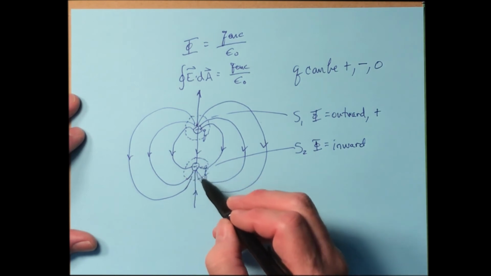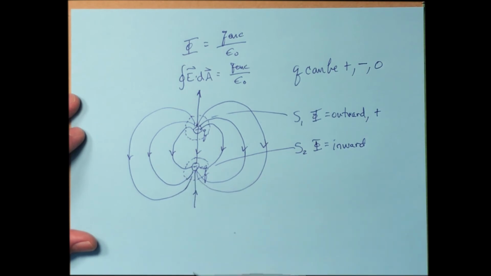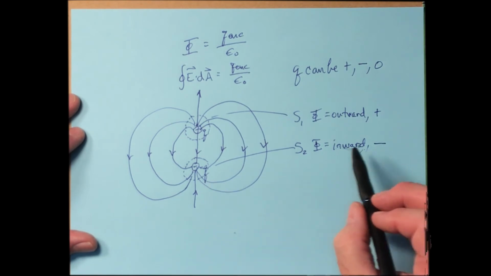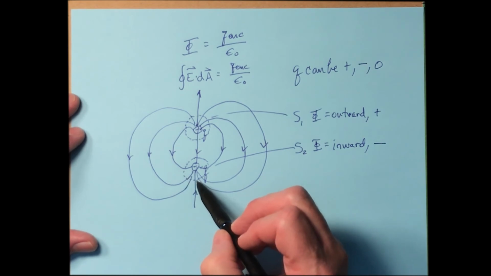They're always going in. There are none that are coming out. This is going in, that's going in. So all of the electric field lines are going inward. What can we say? We have a negative flux. And the reason we have a negative flux is because my Gaussian surface is only enclosing a negative charge.